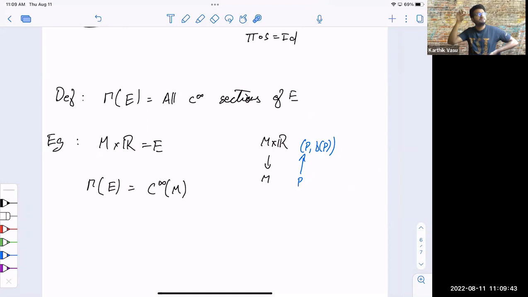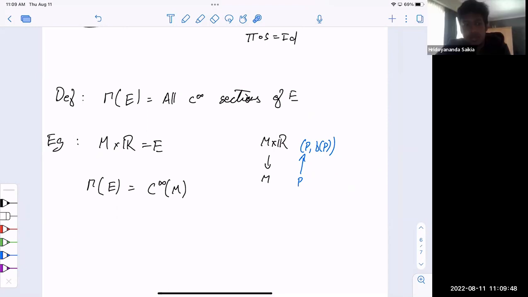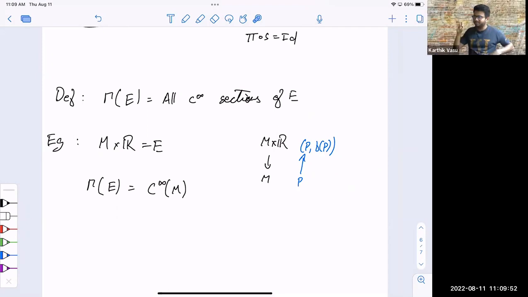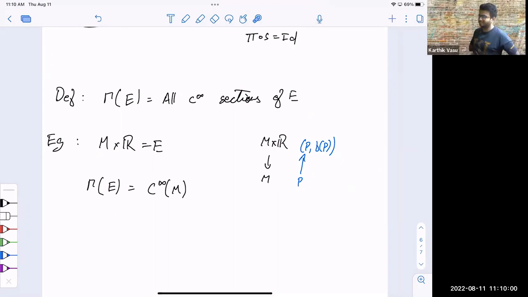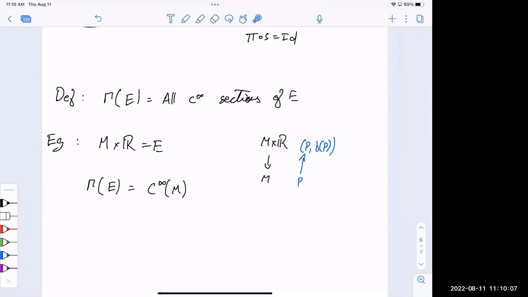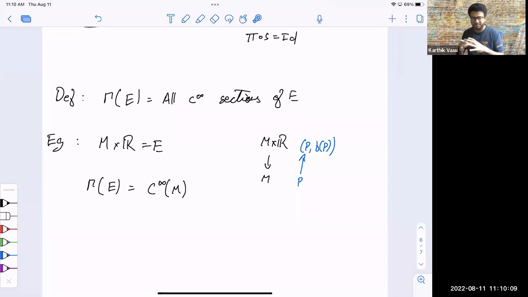It should be one-to-one, and the derivative will also be one-to-one. I forgot the name. Immersion. It's a one-to-one immersion. Probably it's also a proper mapping, so it will be an embedding. So yeah, this will just embed M into your bundle in a squiggly way.